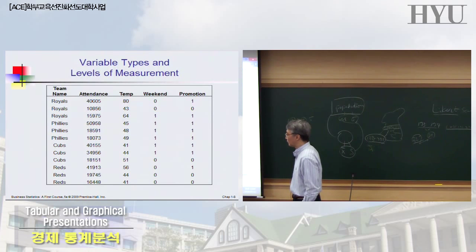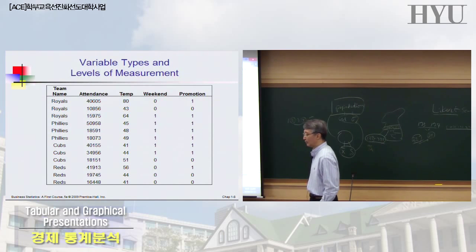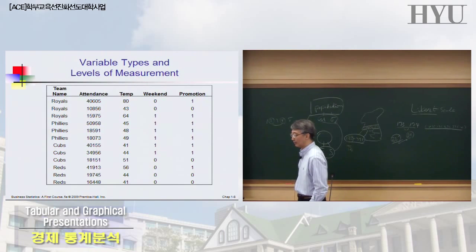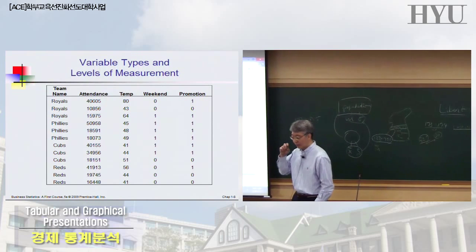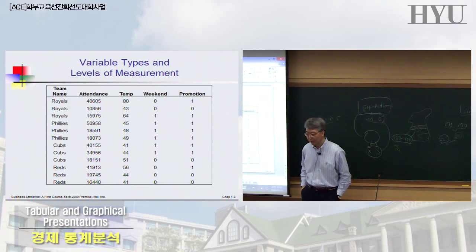So want to try the first one, team name? What type of variable is it? It's categorical, a categorical variable or qualitative variable. Can you think about the different scales? There are 2 different levels of measurement in categorical variables.